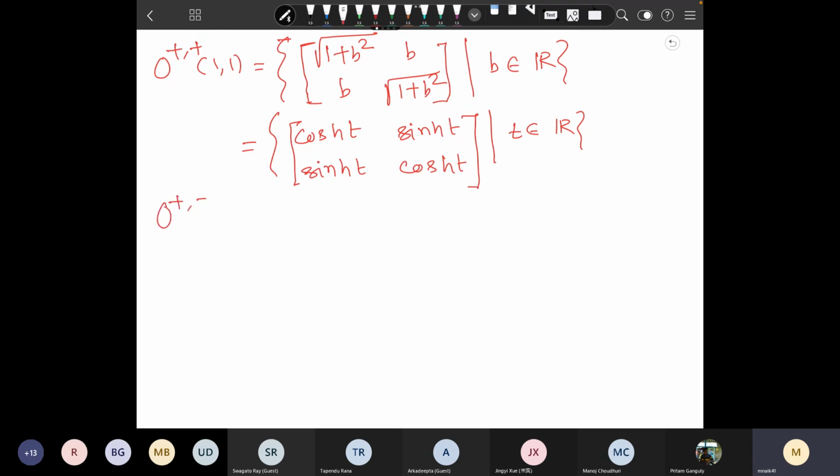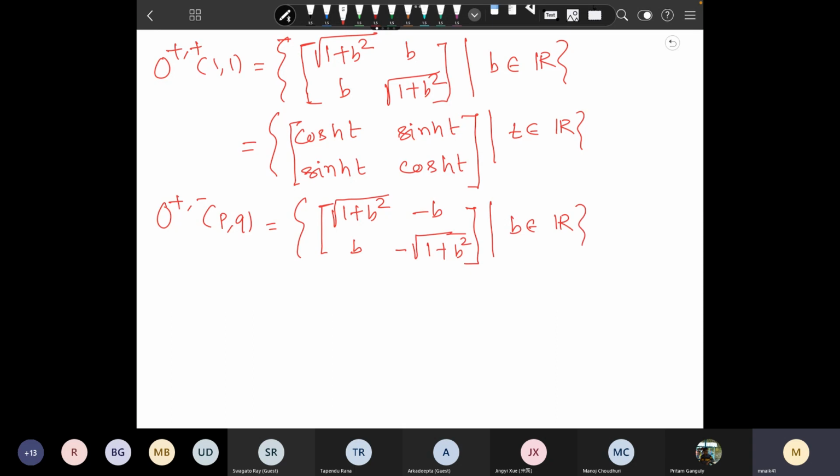Similarly, O plus minus (P, Q) is equal to the matrices [[sqrt(1 plus b squared), b], [b, minus sqrt(1 plus b squared)]]. This is a very simple exercise, a simple calculation. A student asks whether something is wrong with O plus minus.